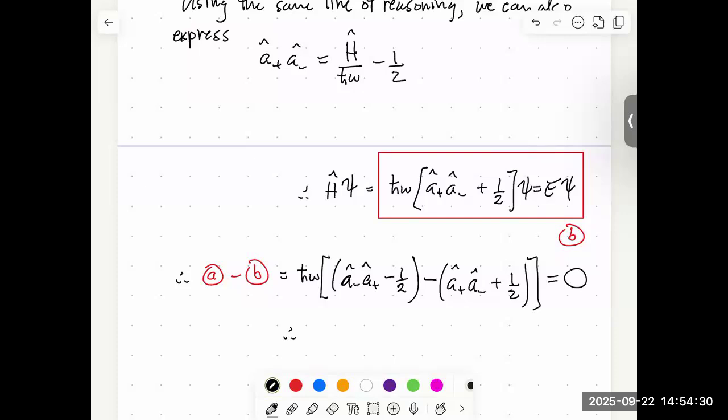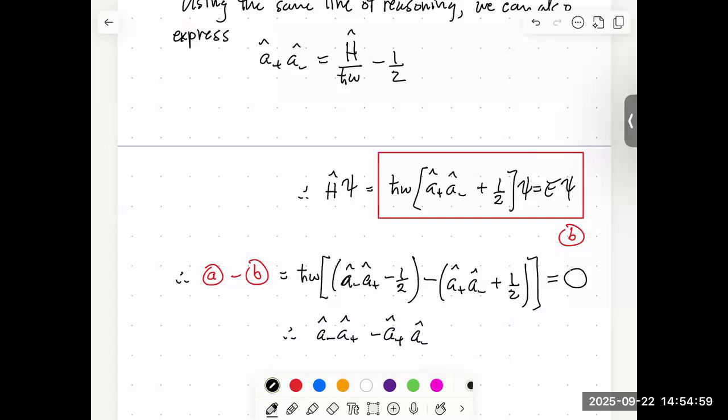Well, let's see, what does that mean then? I don't care about the h bar omega. I divide by h bar omega, and 0 divided by whatever is 0. So I only care about what's in the square brackets here: a-minus a-plus minus a-plus a-minus.